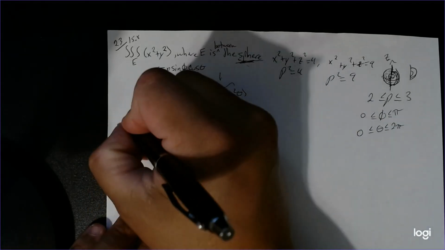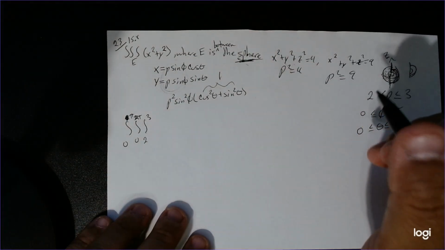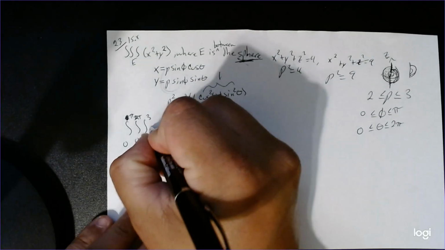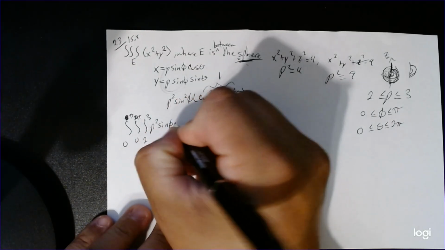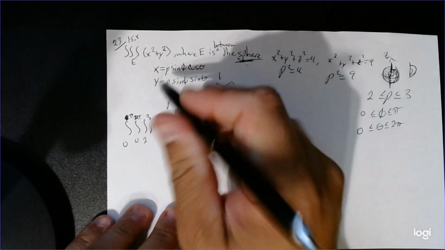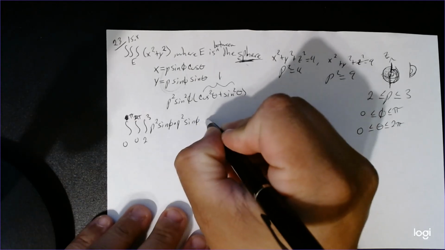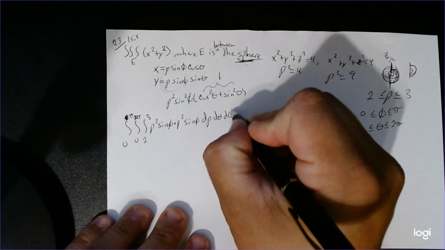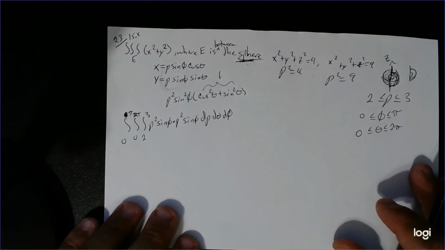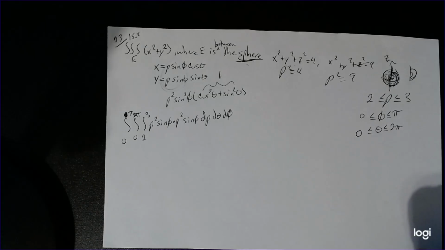Either way, it gives you the same thing. We'll just do that. Okay, so we're going to multiply by our constant. Our constant's always rho squared sine phi times our new function, which is the same thing. It really doesn't matter. You get the same result.